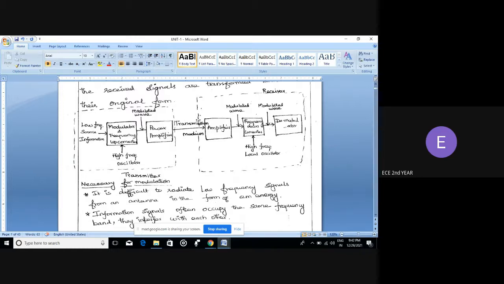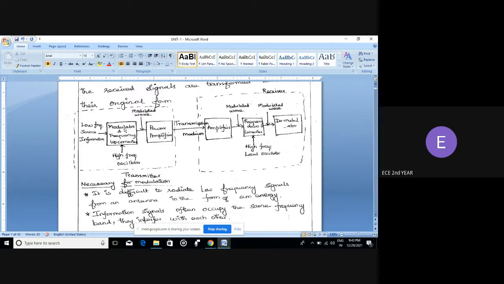The output of the power amplifier is transmitted through the transmission medium. So initially we had the low frequency signal, which is combined with the high frequency carrier wave in the modulator, and the output of the modulator is given to the power amplifier where we increase the power. Finally the increased amplitude signal of high frequency is transmitted over some medium like air, and this is called a receiver. Here we use the amplifier again, where we will have the modulated wave.